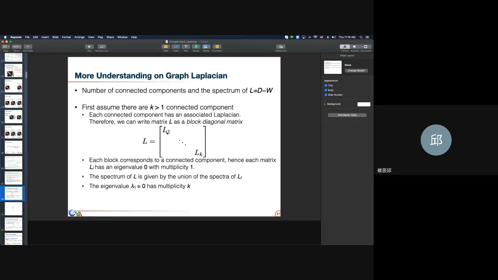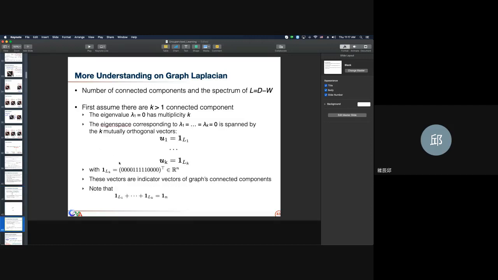For example, say in our data set x1 to xn, x2, x4, and x5 are from the first connected component. Now for L1, the one vector should have one for x2, x4, and x5, and 0 otherwise.